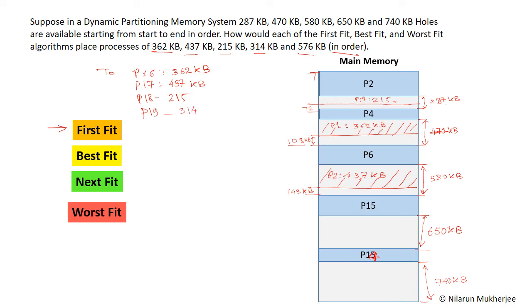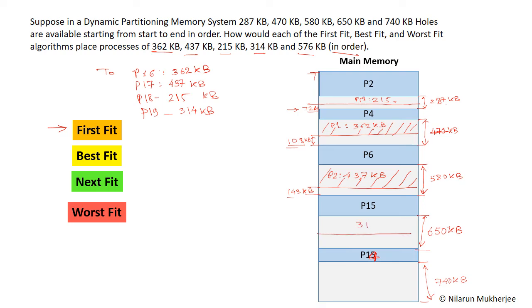Then P4 comes, which is 314 kb, and it will start searching from the beginning, and it will find a 72 kb hole, which is not large enough, a 108 kb hole, not large enough, a 143 kb hole, not large enough.